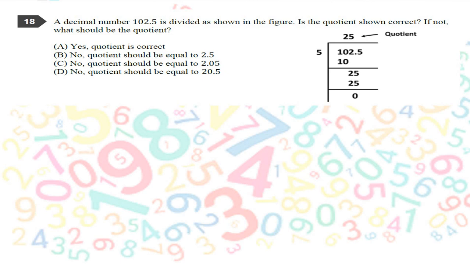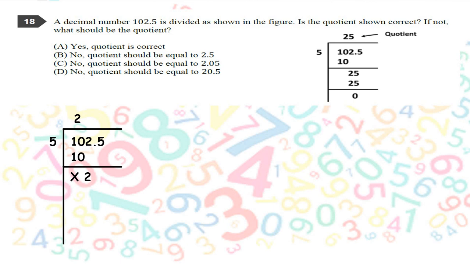So let us find the correct quotient. So 102.5 divided by 5. So first we will divide 10 by 5. 5 twos are 10. It will get cancelled and 2 will come down. Now see students, whatever comes down, if it is not divided, then it is very important to perform some division with the number which comes down.